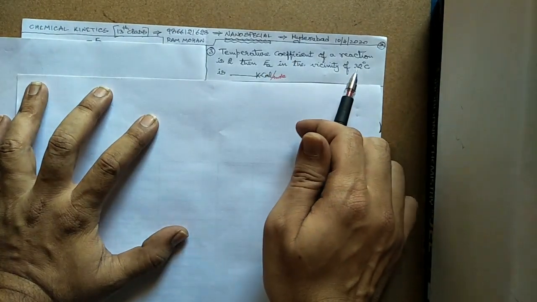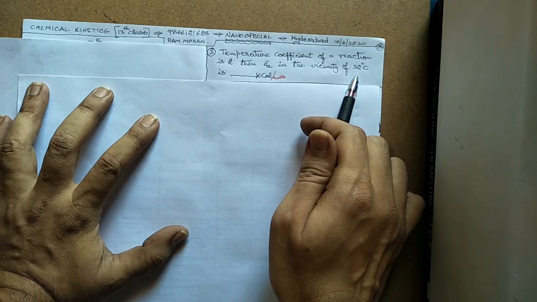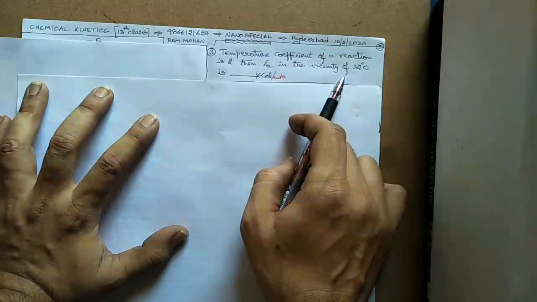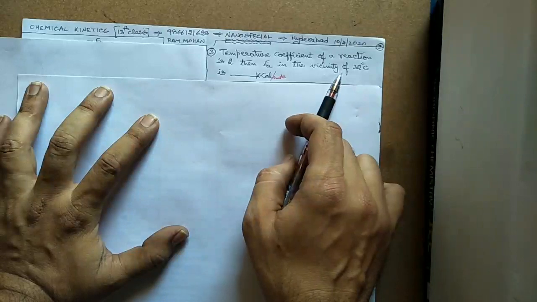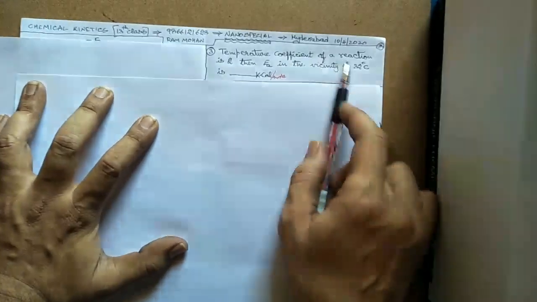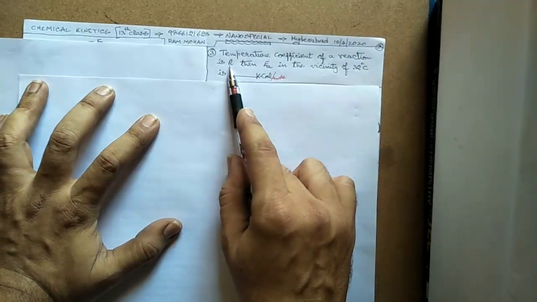But here we just approximated it. In this vicinity, 27 plus 5 is the next, so 27 to 37 are the lower and higher temperatures. So simplify this problem. I know K2 by K1 as 2.